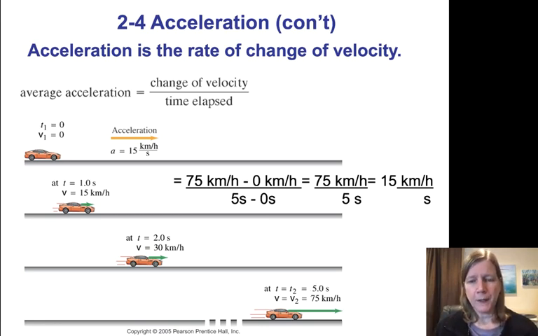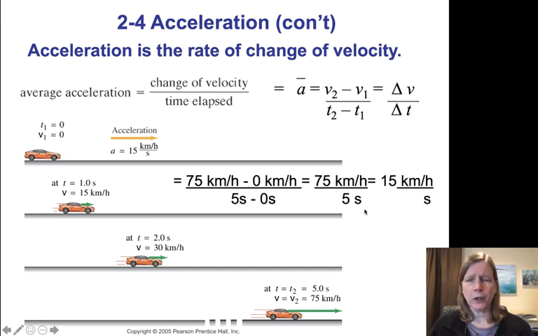To check that this is all consistent, having a starting and ending value, we call this t1 and this t2, we can calculate the average acceleration as, again, a change in velocity over time elapsed. If we look at our algebraic equation for average acceleration, it's our change in velocity over change in time. Our final velocity here is 75 kilometers per hour. Our initial velocity was 0.